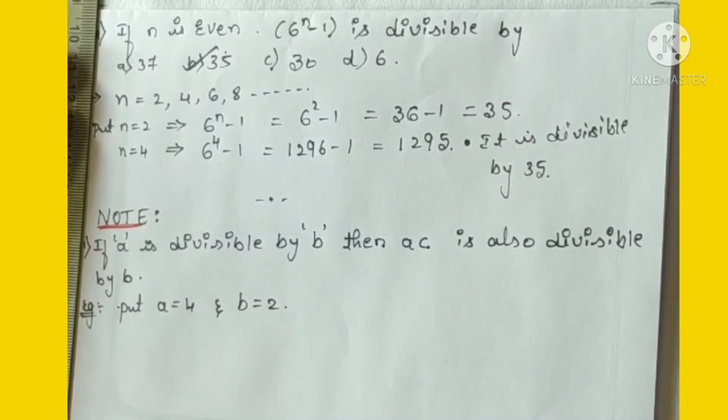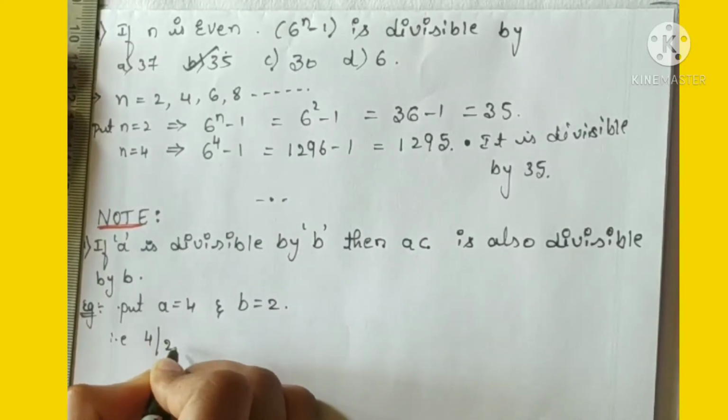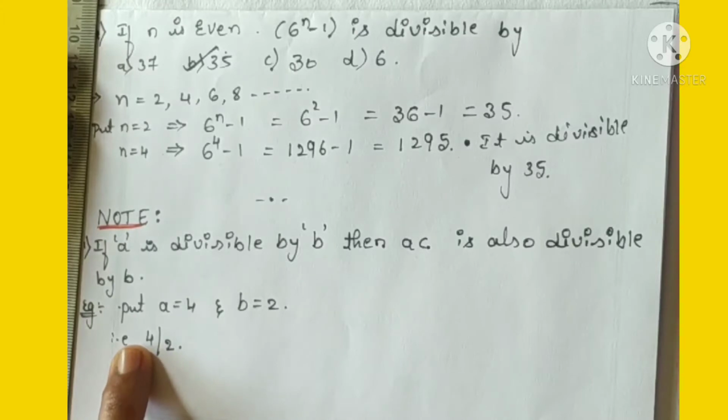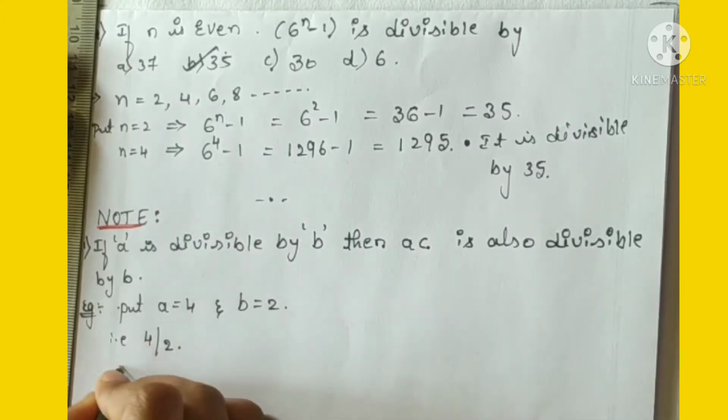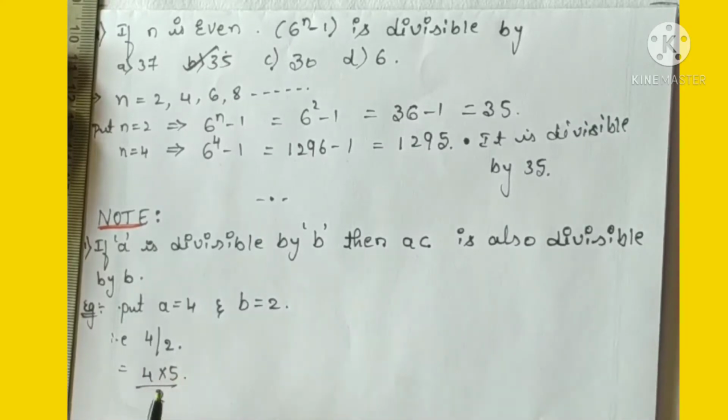Now just apply this note, that is A is divisible by B, that is 4 is divisible by 2. Suppose if I multiply 4 with 5, that is 4 into 5 by 2, now it becomes 20 by 2.